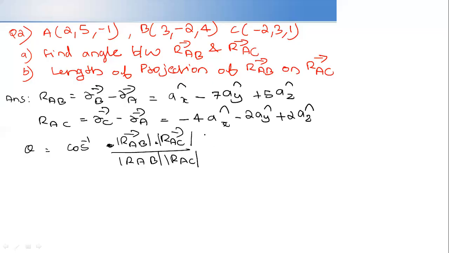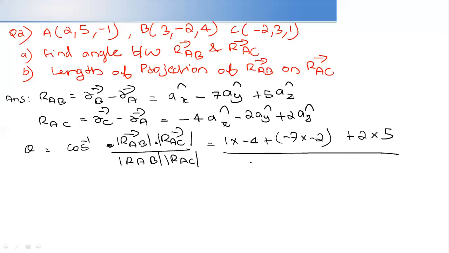So how to take the dot product of two vectors? Just multiply the coefficients. So 1 into minus 4 plus minus 7 into minus 2 plus 5 into 2, divided by, how to take the modulus, root of 1 square plus 7 square plus 5 square multiplied by root of 4 square plus 2 square plus 2 square.